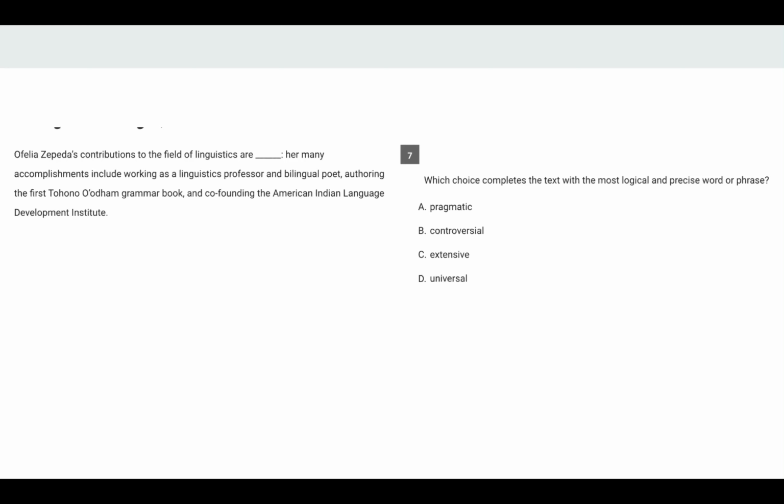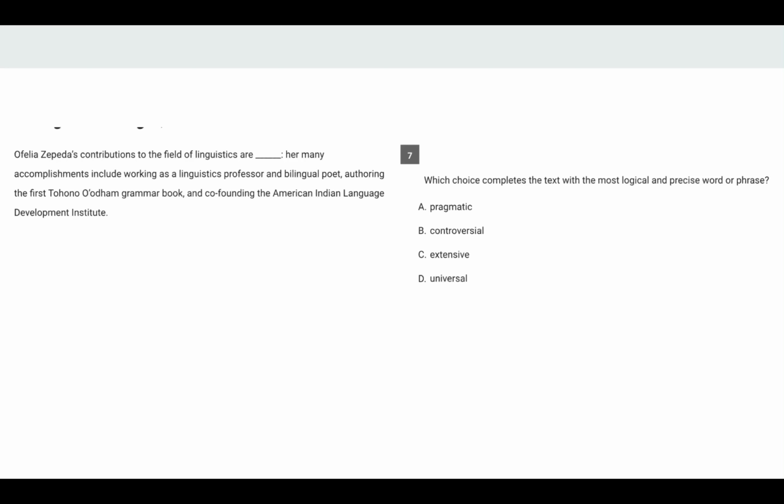Okay, in the example, we are seeing that she did a lot of stuff in the field of linguistics. She worked as a linguistics professor and a poet, she authored a book, and she co-founded something. So we can say that her contributions are large or something like that. Now, let's look at the answer choices. A, B, C, and D. A is pragmatic.